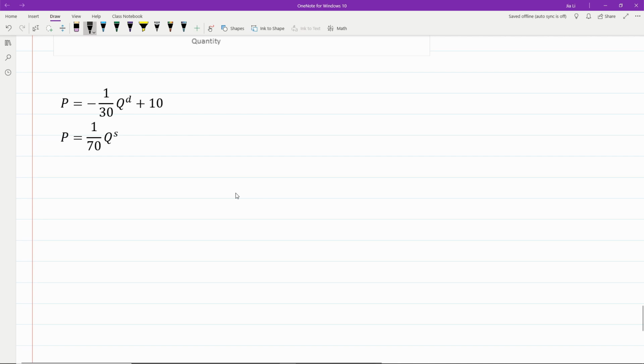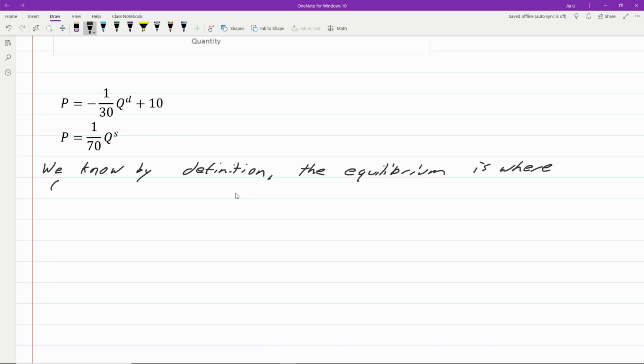So we know by definition that the equilibrium is where quantity supplied equals quantity demanded, right? That's what the equilibrium in demand and supply means. It's just where those two quantities are equal.